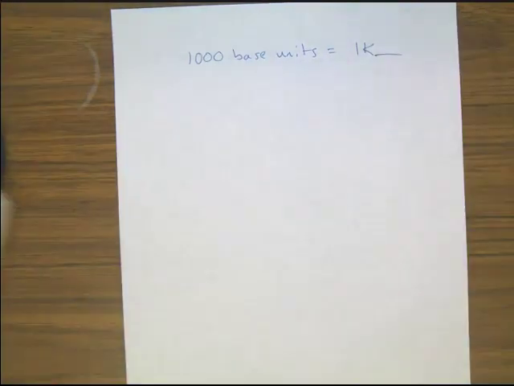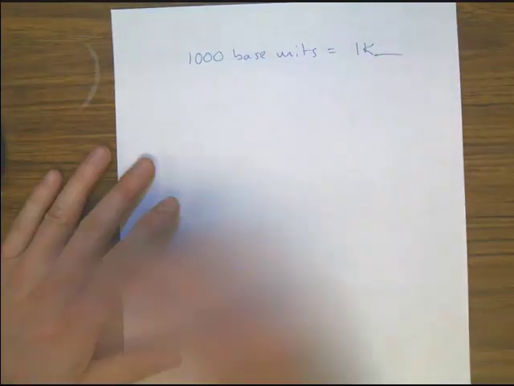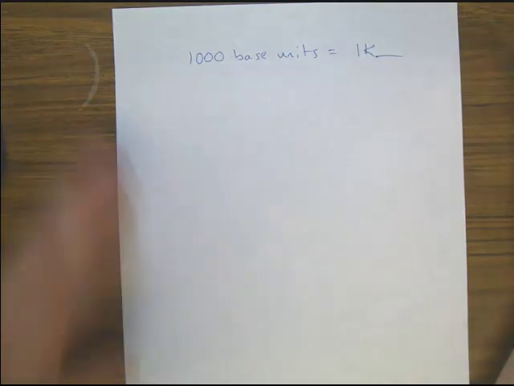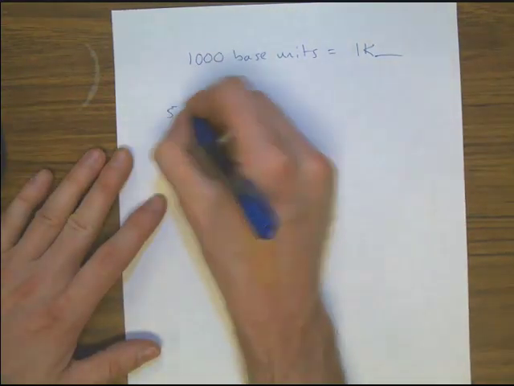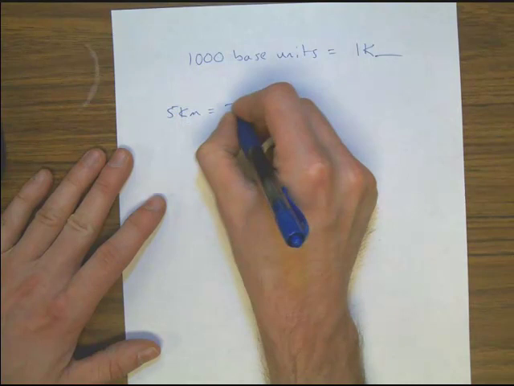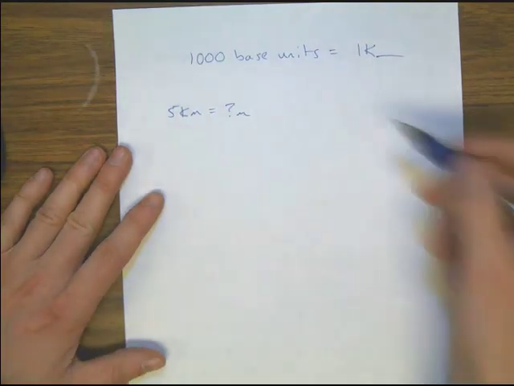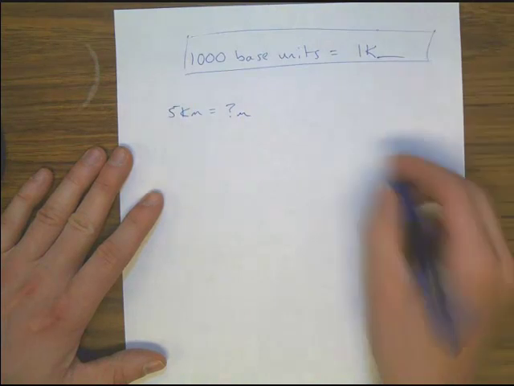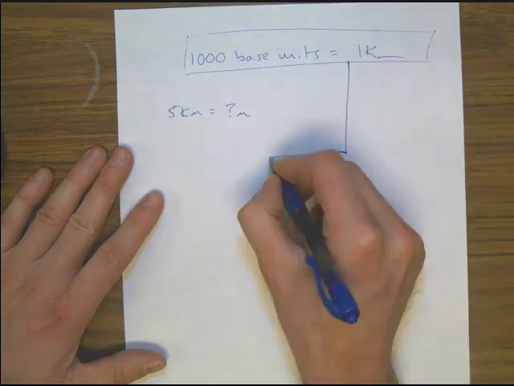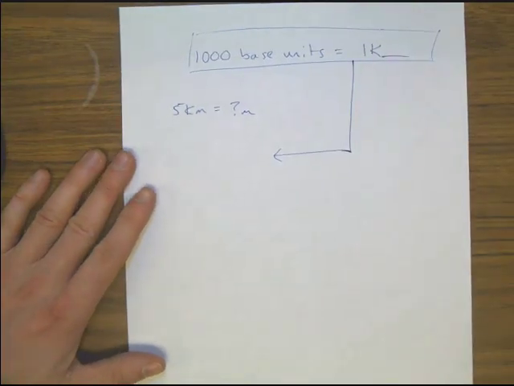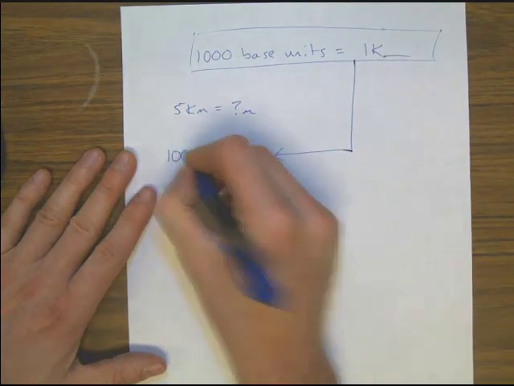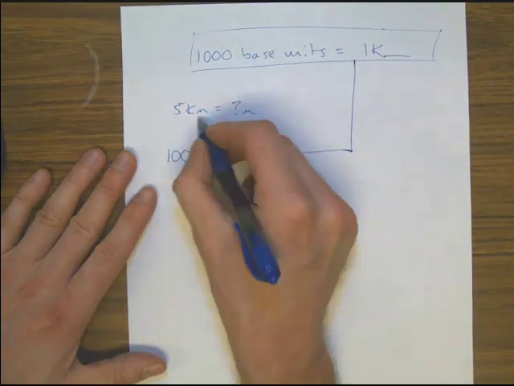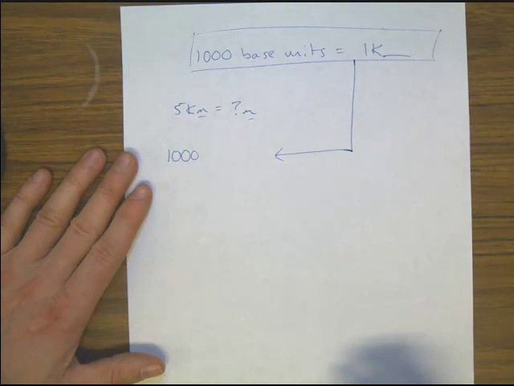Alright, let's explain what this conversion factor is and how we can use it more effectively. Say I'm given a distance of 5 kilometers, and I want to know how many meters that is. First we have to know that this conversion factor can be simplified by writing 1,000, and the base unit we're working with in this case is meters, since we're dealing with meters before and after this conversion.